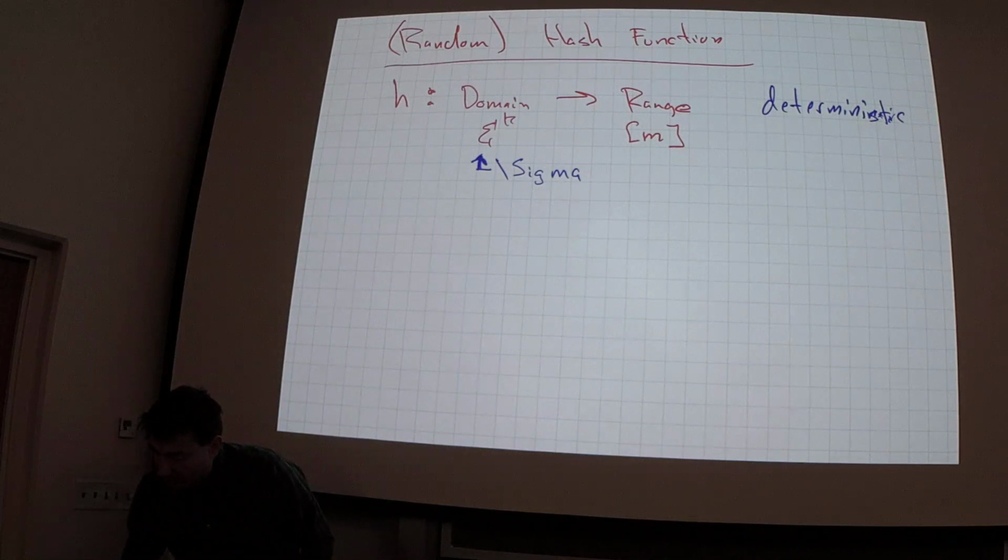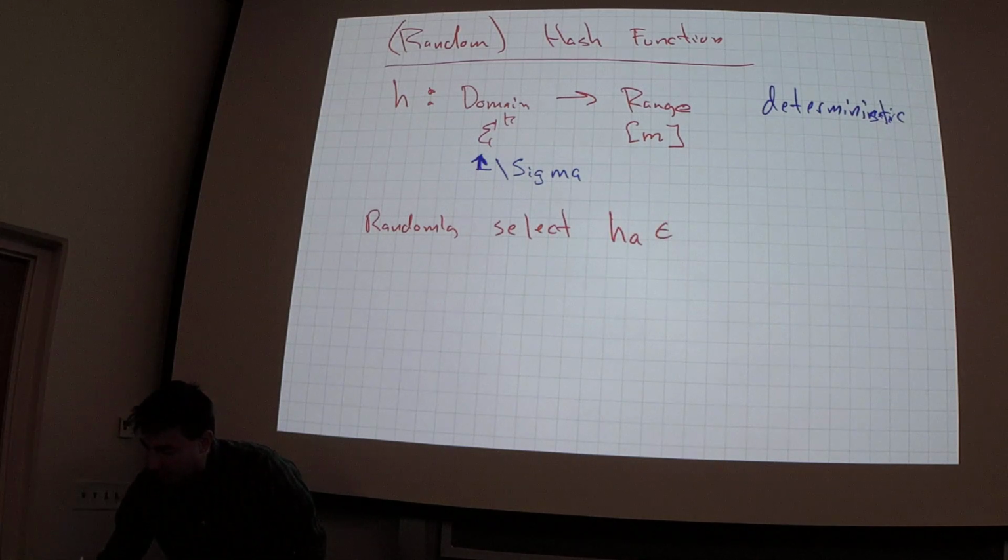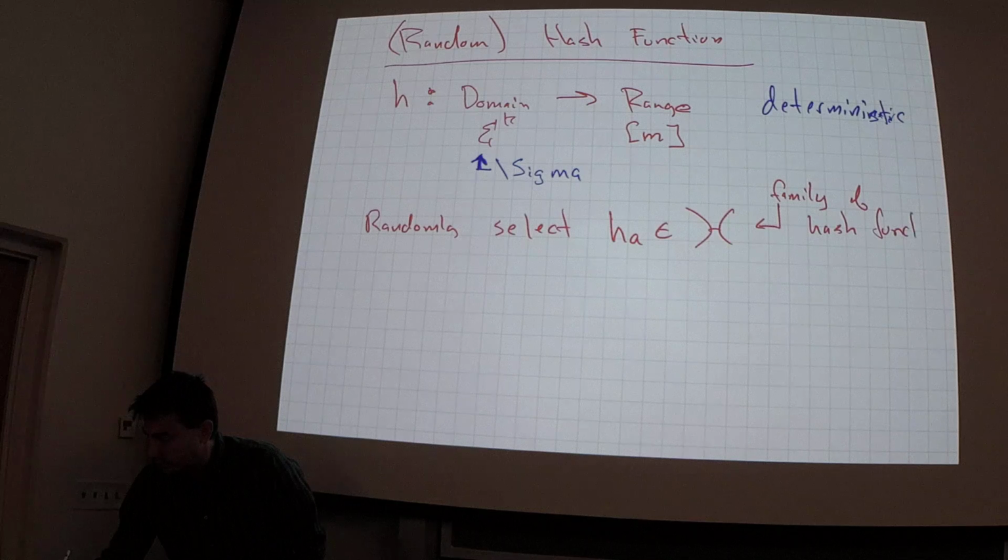But what's going on is you randomly select H. I'll call this H_a, from some family of hash functions.